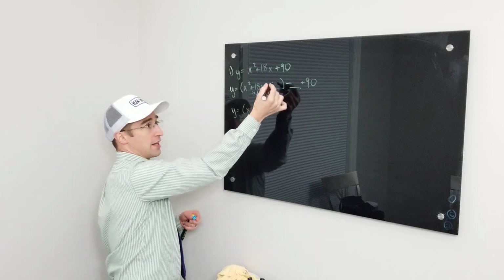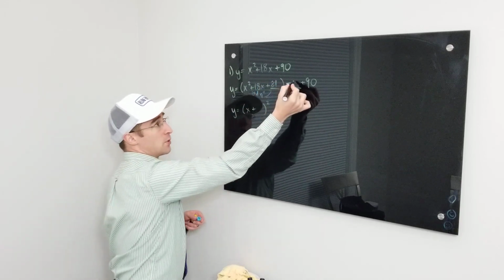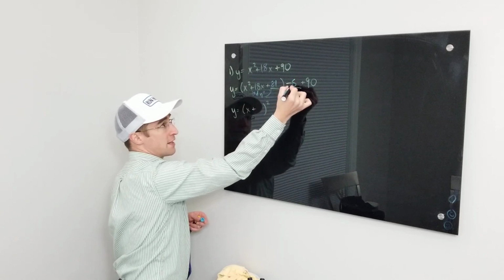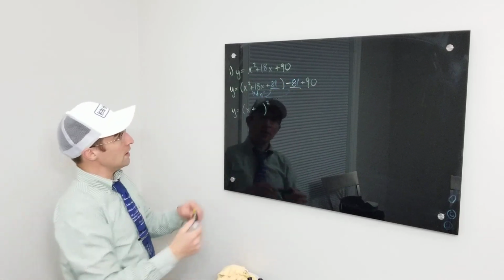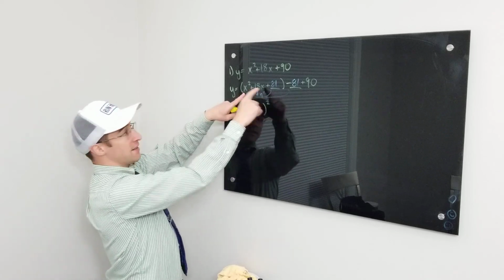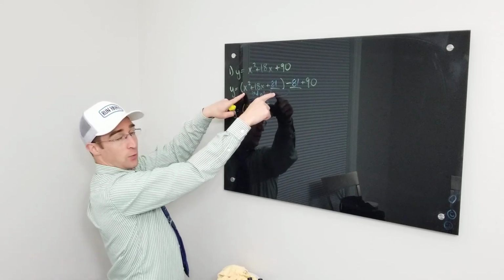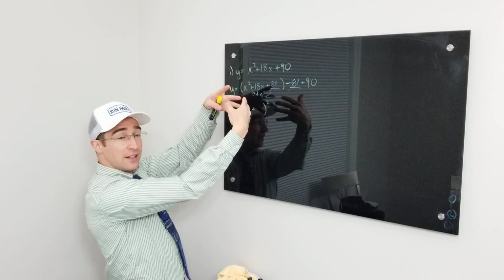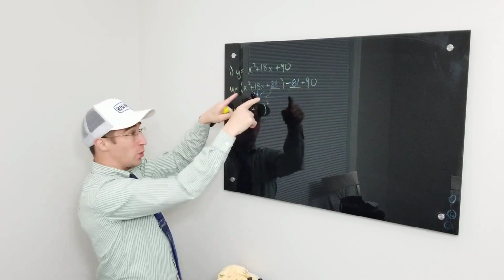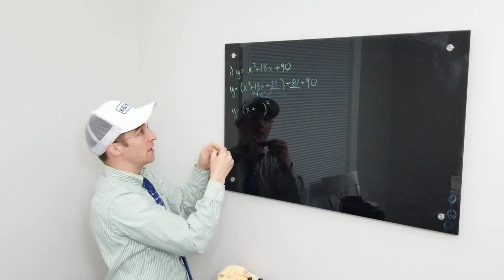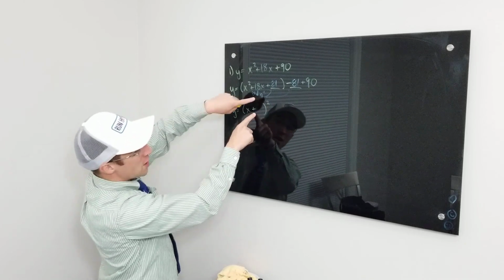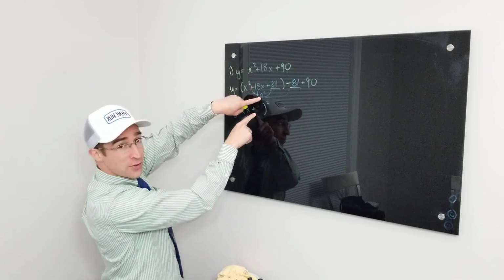So here, 9 squared is 81. We have a plus 81 inside the parentheses and a minus 81 outside the parentheses. Then we take this x squared plus 18x plus 81 and factor it. Because it's a perfect square, it's going to be x plus half of this 18, or that 9.